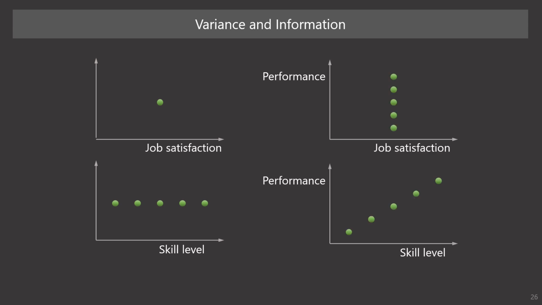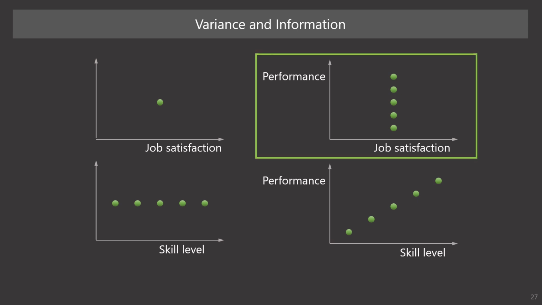Let's create plots that show the relationship between these predictors and performance. The upper right plot represents the relationship between job satisfaction and performance. The performance level is widely dispersed, but job satisfaction levels are the same for all employees.